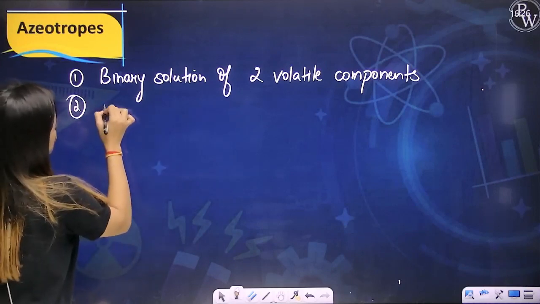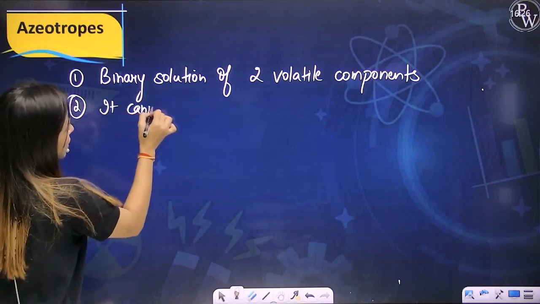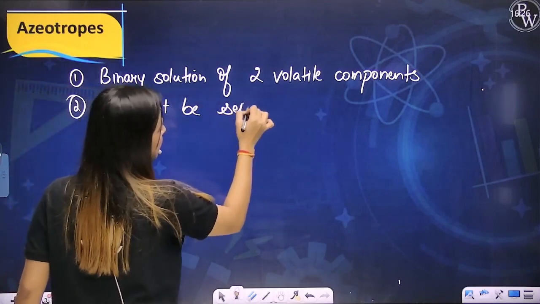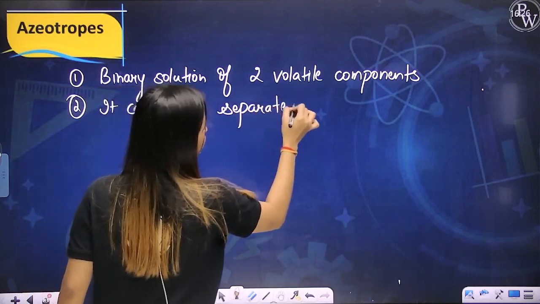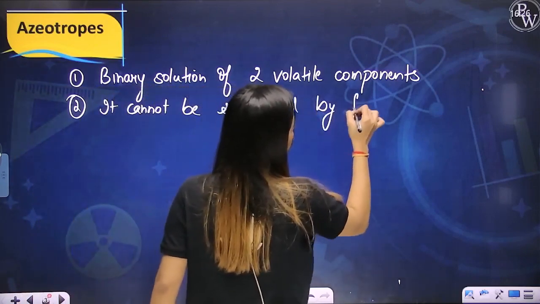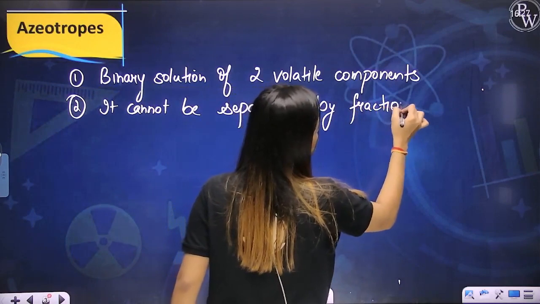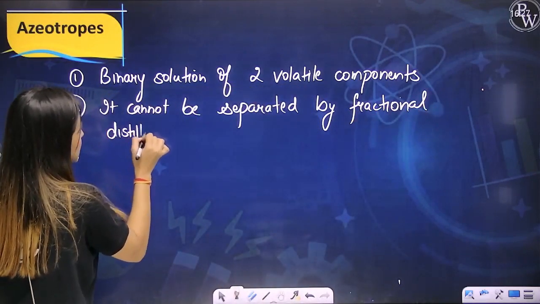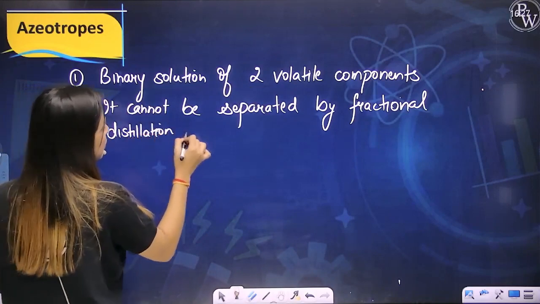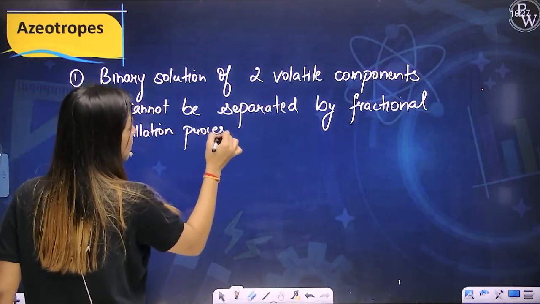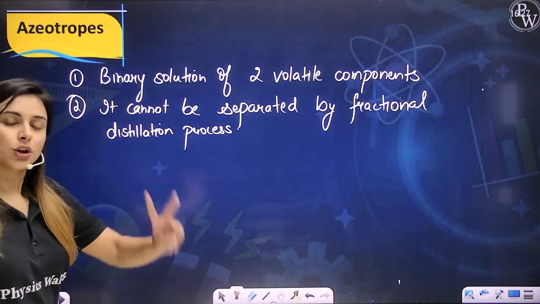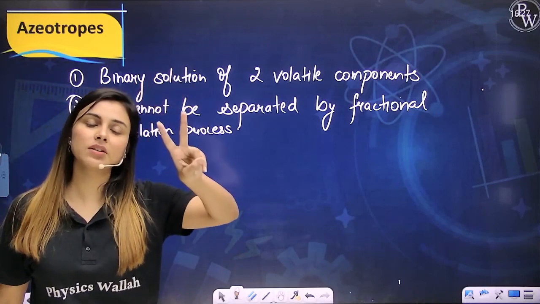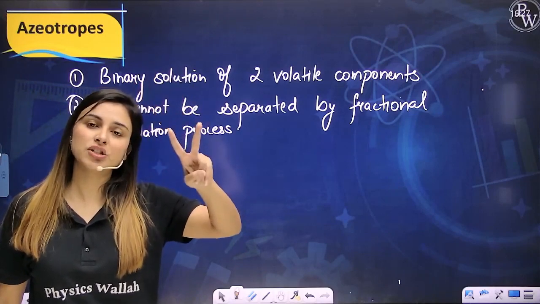We can say that it cannot be separated by fractional distillation process. Okay, I hope this is clear. Two conditions. First is binary solution of two volatile components. Second is that we cannot separate the components by the fractional distillation process.